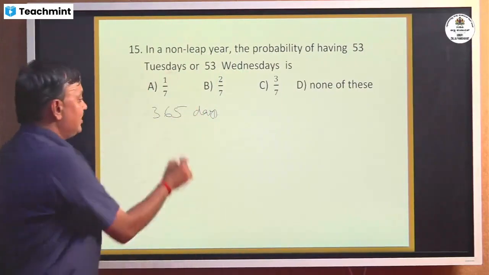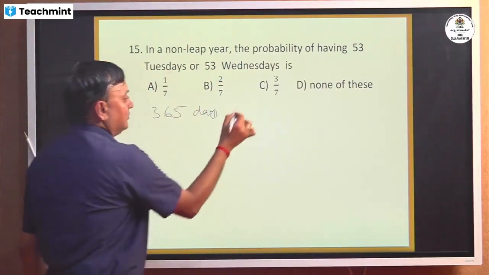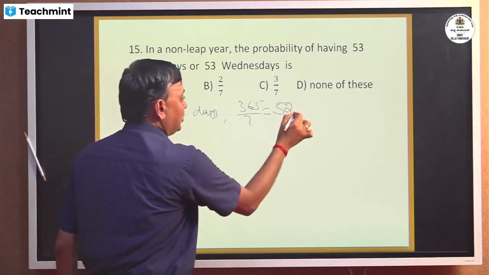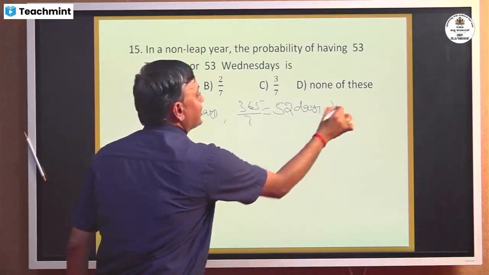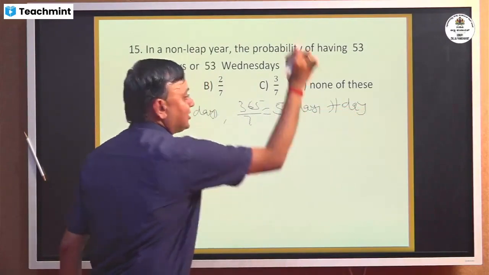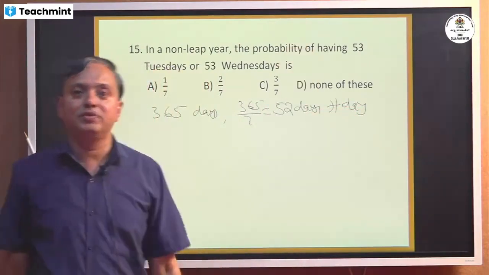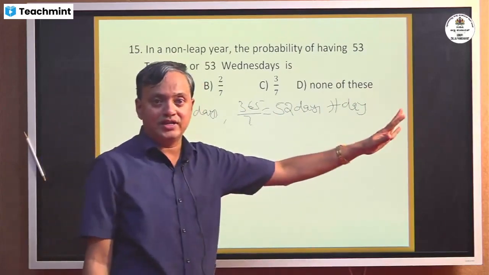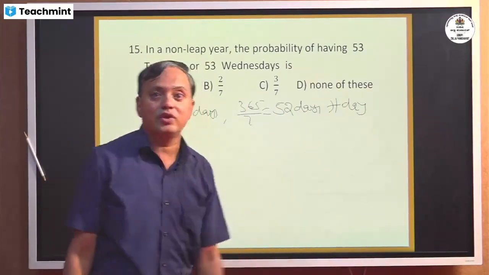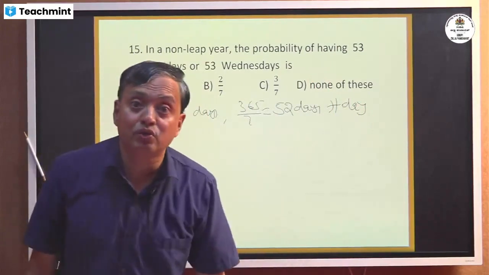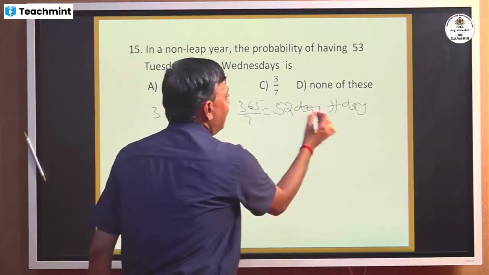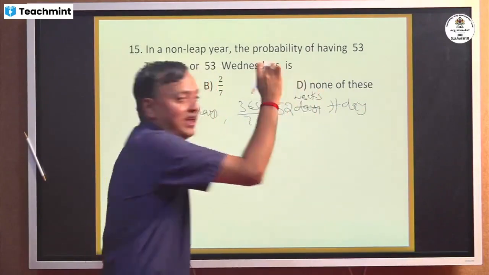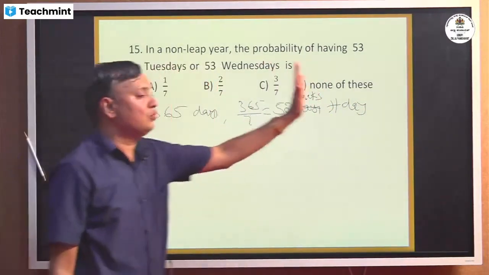Then 365 by 7, we get 52, and one more extra day remains. 52 times 7 is 364, then the remainder is 1, so 1 day extra. So in a non-leap year, sorry, not 52 days, 52 weeks, plus 1 day extra.